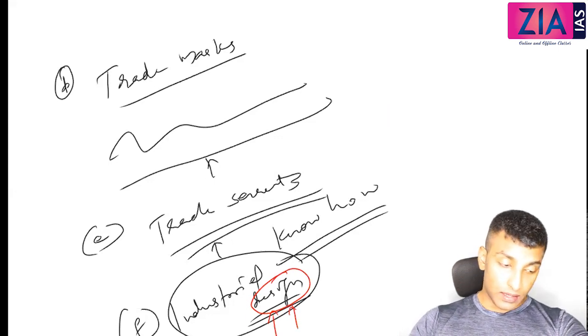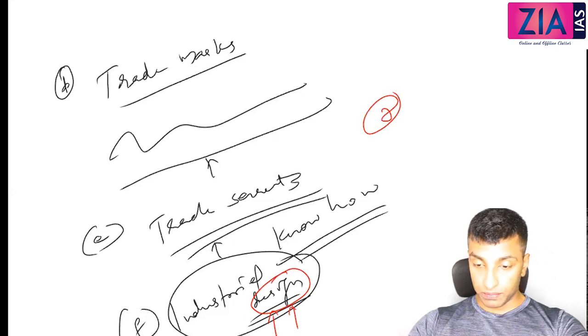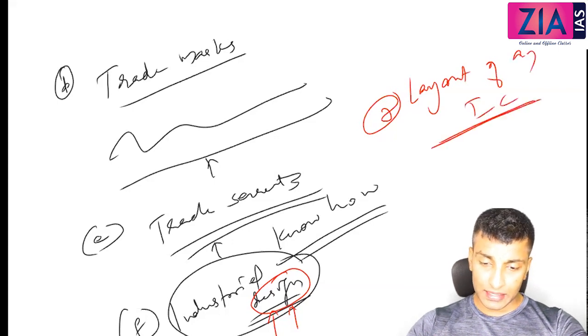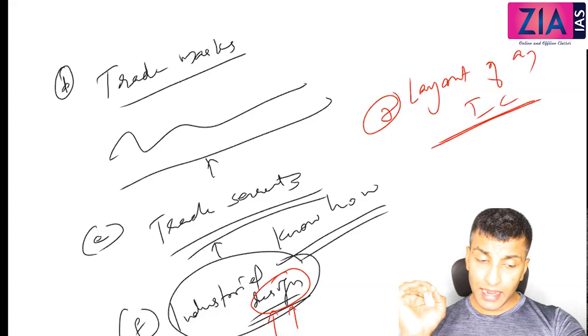Last one, layout of an integrated circuit. Layout of an integrated circuit. The way you place the transistor, capacitor, resistor, etc. So that is a layout.